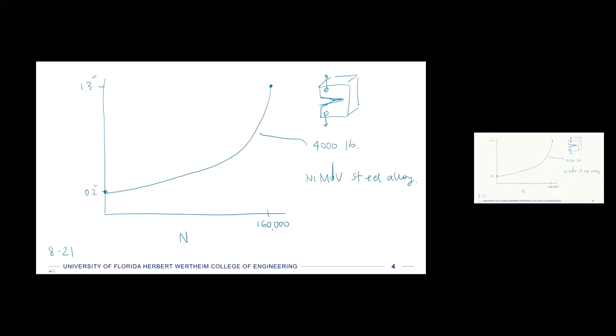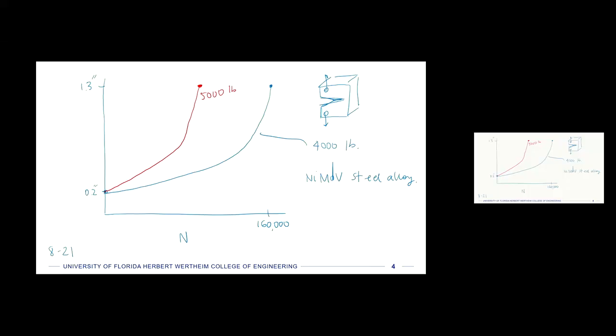So what if we apply a higher load? Let's do like 5,000 pounds. At 5,000 pounds, it doesn't last as long, so it breaks, but it still gets up to about 1.2, 1.3 inches, and it's got these 2 regimes again, like this. So you can see where the trend is going here.